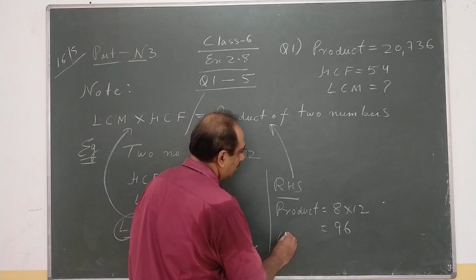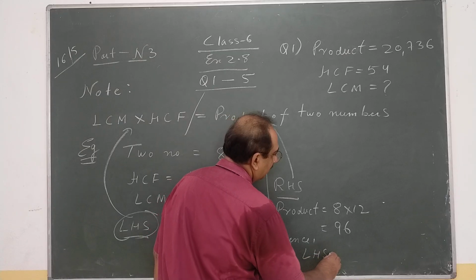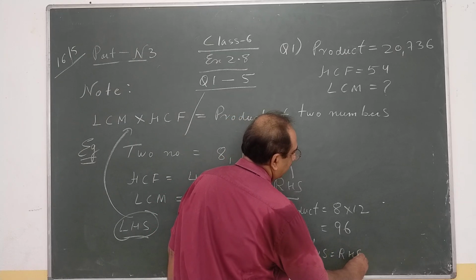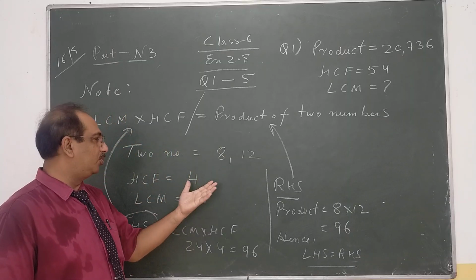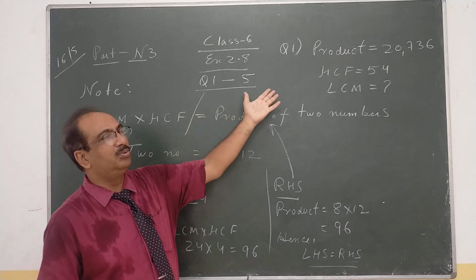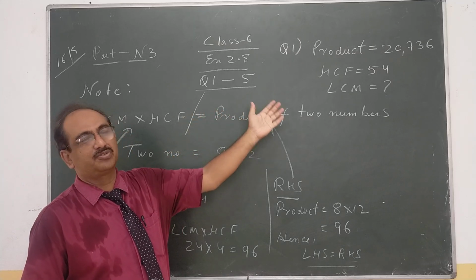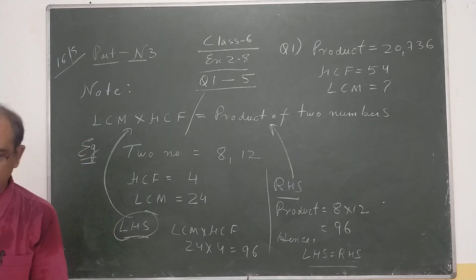Hence, left hand side is equal to right hand side, means my formula is true. So I gave you this example with a smaller number to make you understand, then we will do all the 4-5 questions from the book. So kindly pause the video and copy.